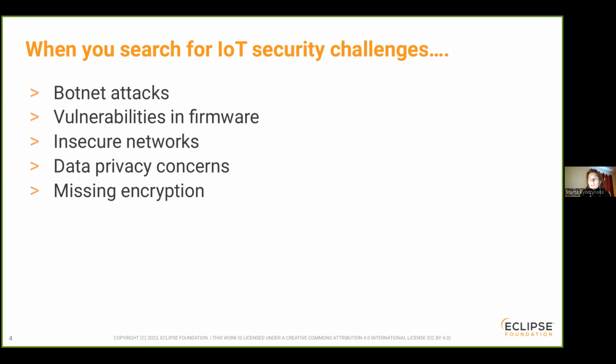Then we have vulnerabilities in firmware. And here by firmware, I understand the software running on the device, but also firmware in certain subsystems of the device. Quite frequently, you have separate firmware in your Wi-Fi chip. There may be separate firmware in the Ethernet chip.